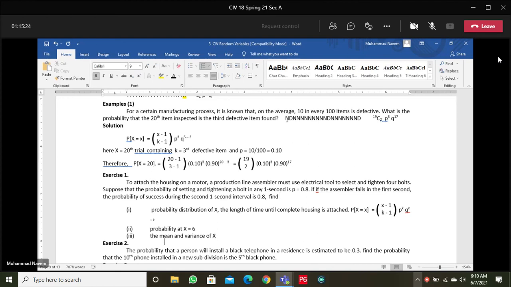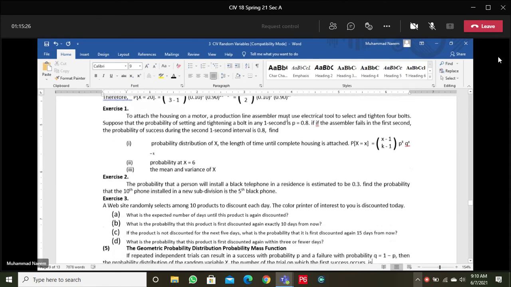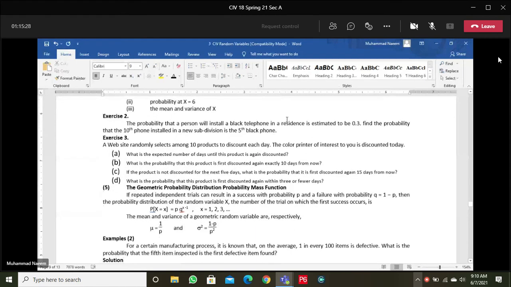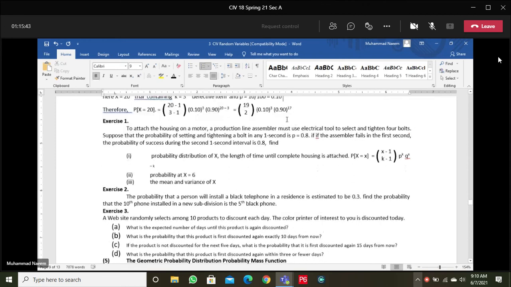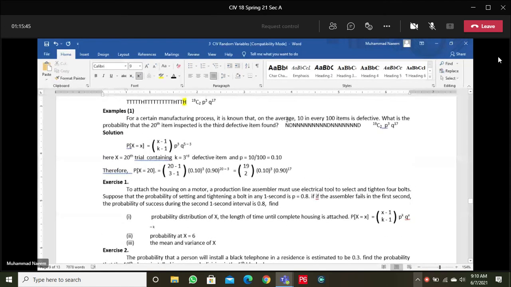Now how is the geometric distribution? Geometric distribution is the same as negative binomial in which we have one single target. If I convert the above problem to a geometric one, how can I convert?